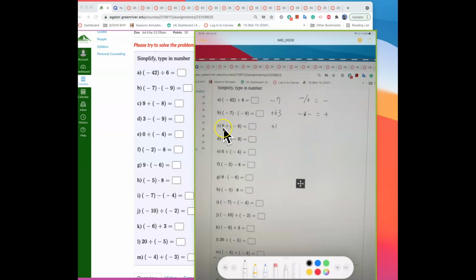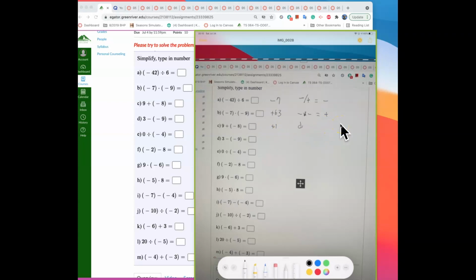If the signs are different, and we have a positive 9 and a negative 8, take the difference between the two numbers, which is 1, and the number with the greater absolute value, which is 9, is positive. So the sign on this number will also be positive. You can use that for your reason.